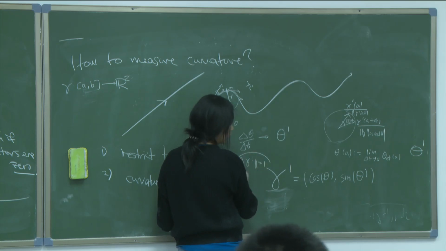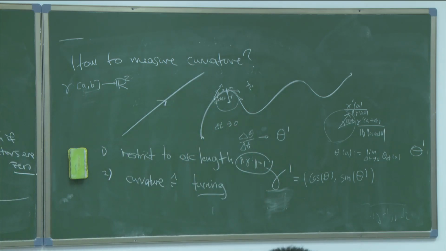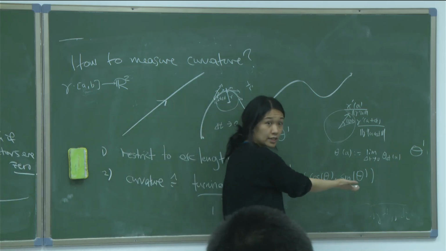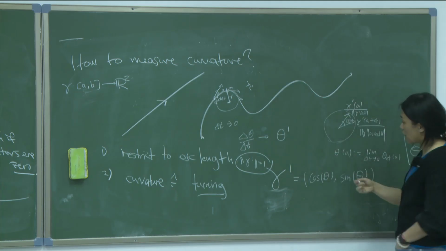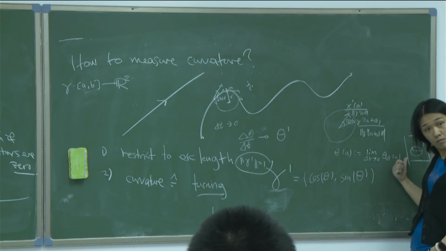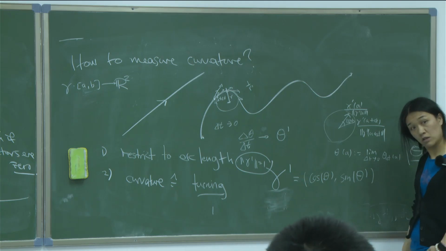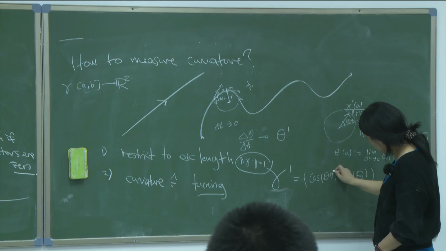So that we would do first: we restrict to something that has unit speed, so that's 1. So this maps to S1. It looks like this, and we want theta prime. How do we get theta prime from here? So this is theta t.